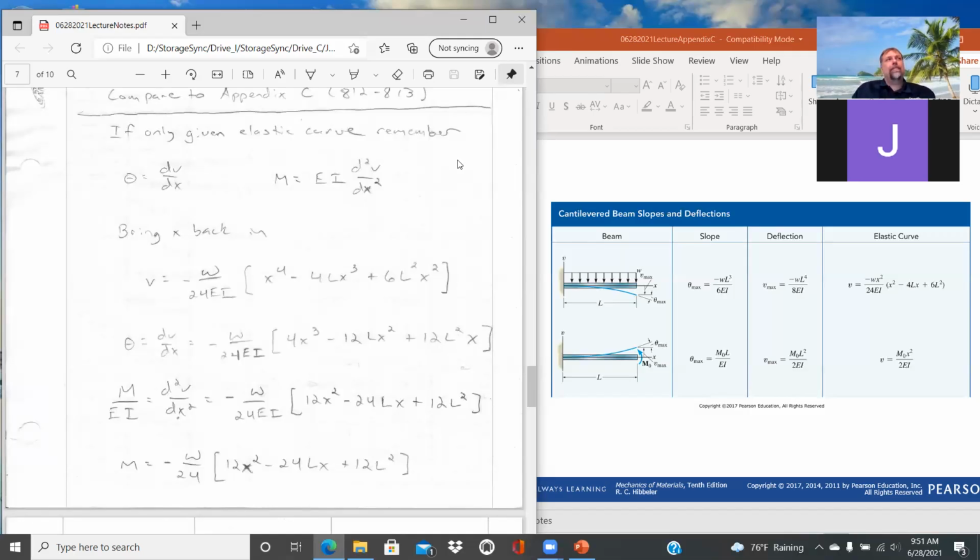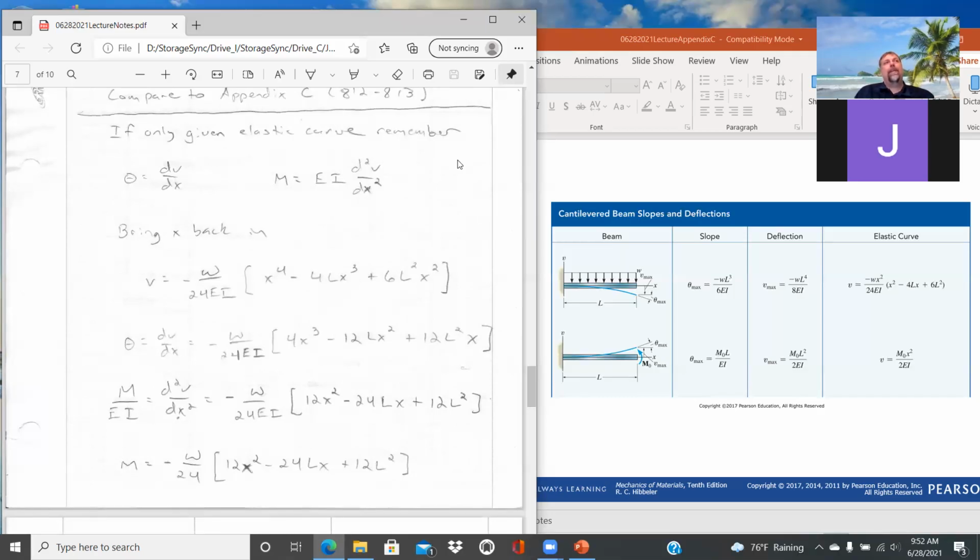Yeah, it doesn't make things that complicated, because you're generally in that situation going to be solving for the internal moment as a function of x as we did in chapter 6, and then just integrating back twice instead of going through all of these.